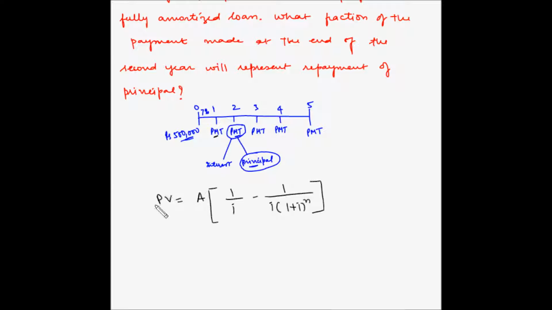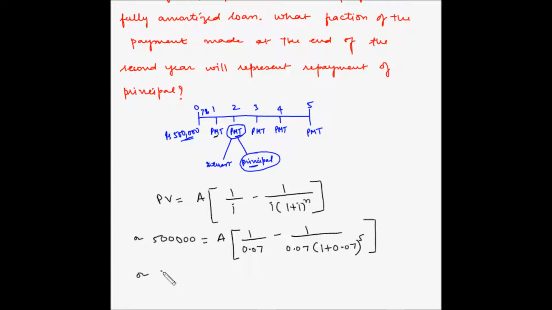So present value is 500,000. So 500,000 is equal to A into bracket 1 divided by 0.07 minus 1 divided by 0.07 into 1 plus 0.07 to the power 5.